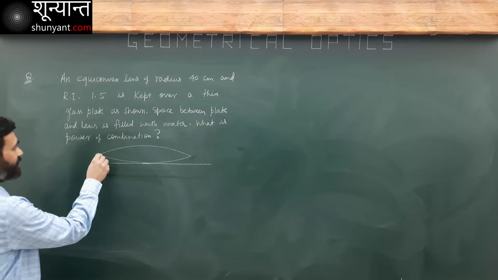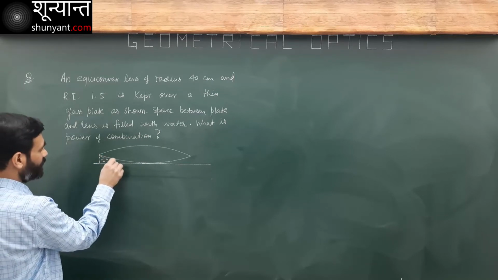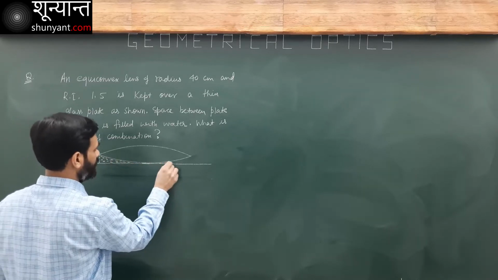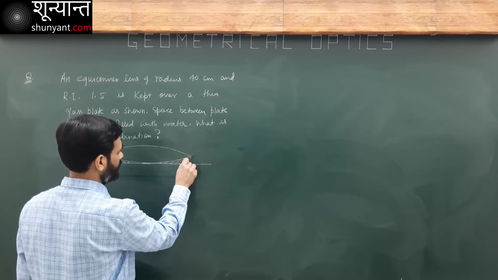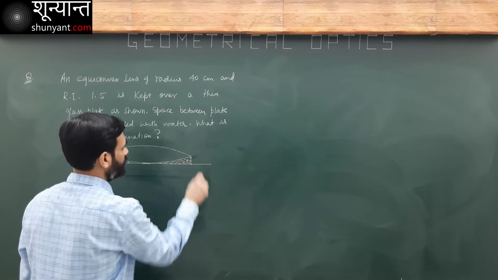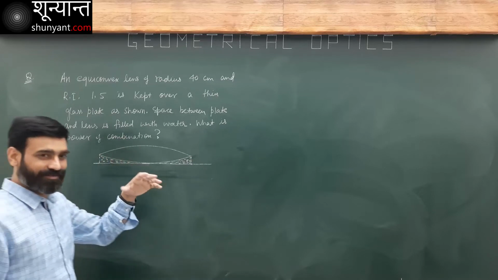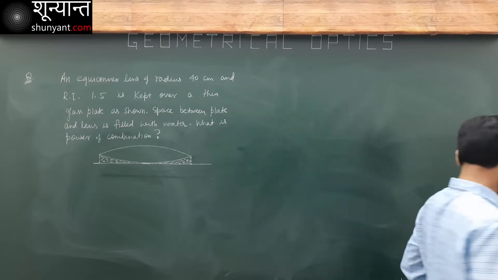So this is the space here. The space here is now filled with water. So now what will be the power of the combination? Is it going to change or does it remain the same?